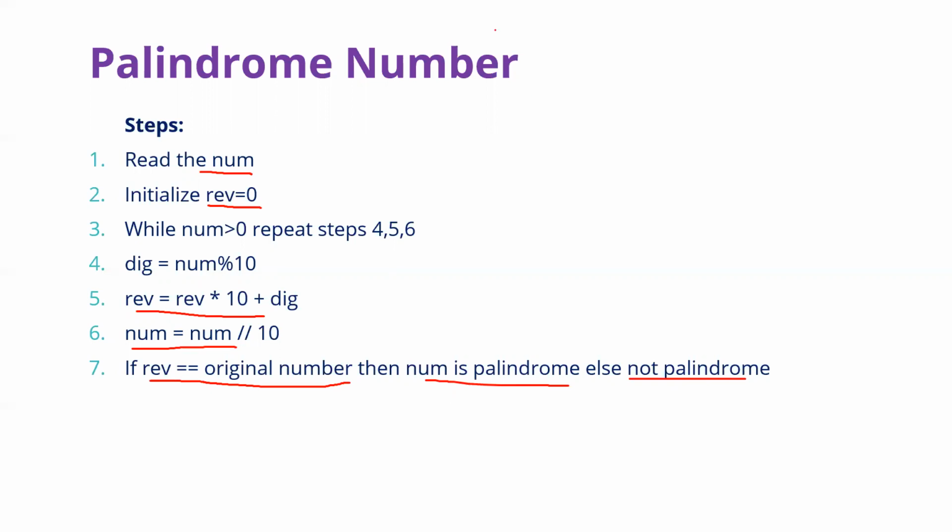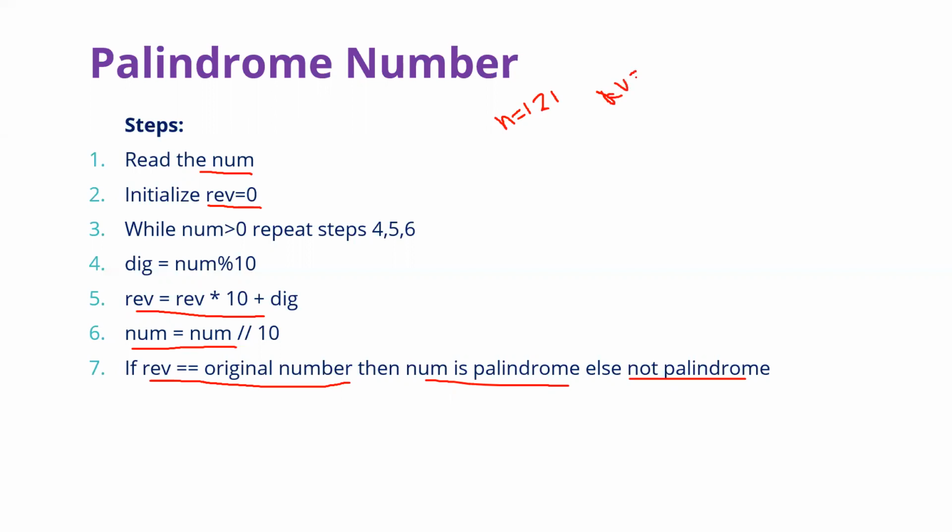And I will take an example and cross check here. Observe carefully everyone. Let the number I am taking be 121. Now observe, initially reverse is the variable, right?